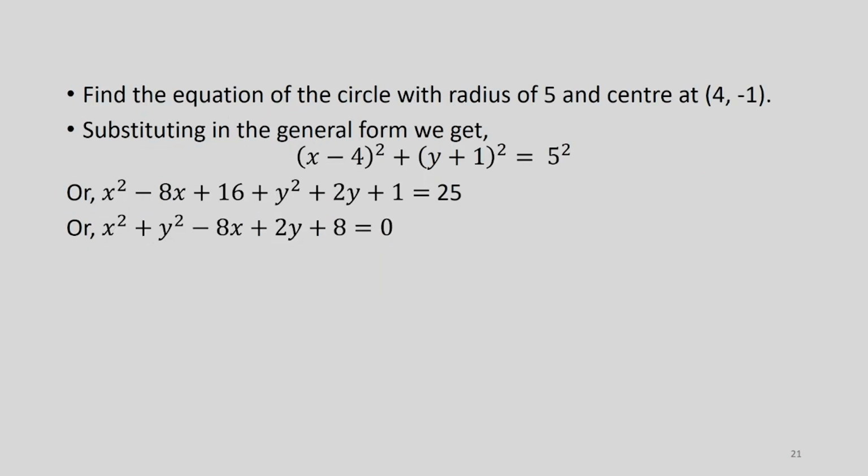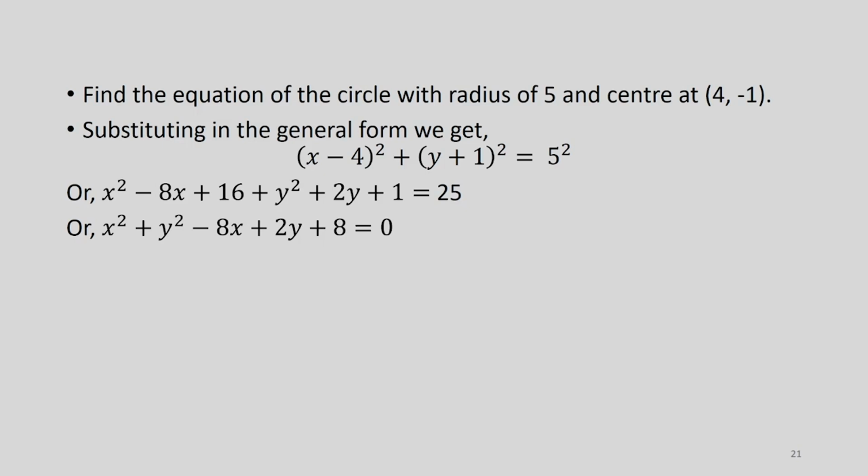So, here is an example of how to apply this formula of equation of a circle. Suppose the question is this, find the equation of the circle with radius 5 and center at 4 minus 1. Okay, the radius is given, which is 5, and the center coordinates are given 4 and minus 1. So, we have to find the equation of this circle.